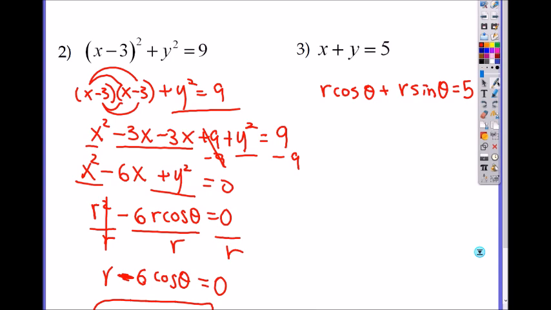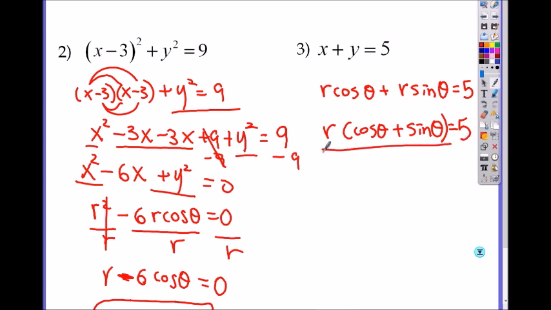So then what would you do? Can I take out r? What are we solving for? We're solving for r, right? So can I take out r? So then I get r times cosine of theta plus sine of theta equals 5.